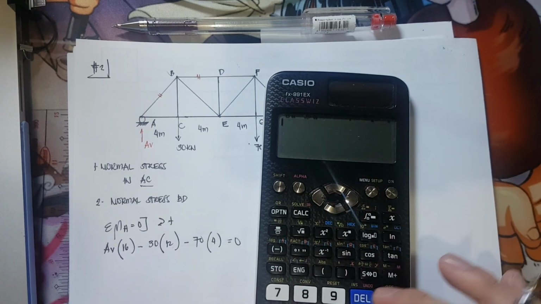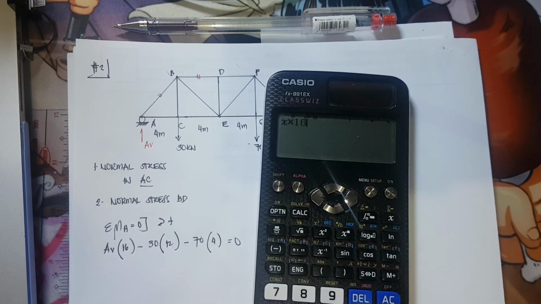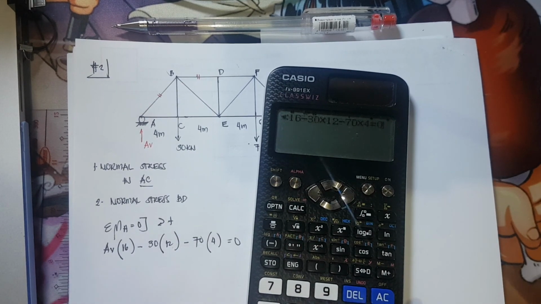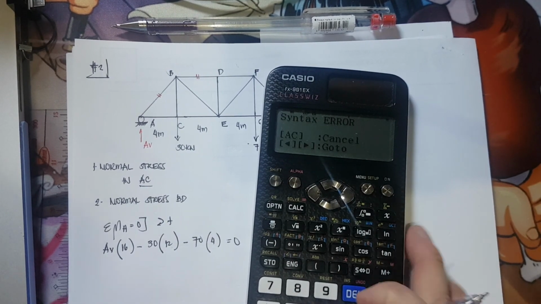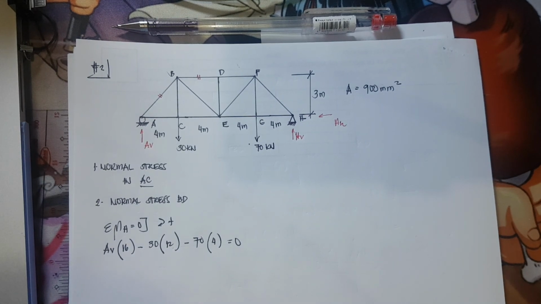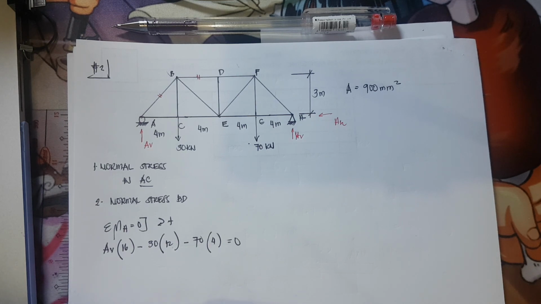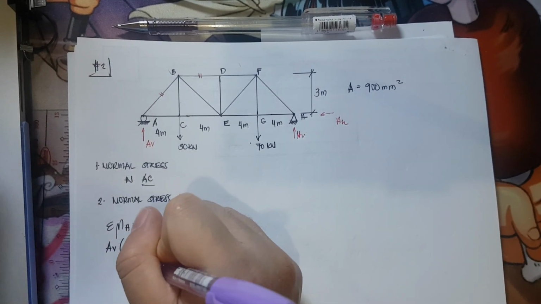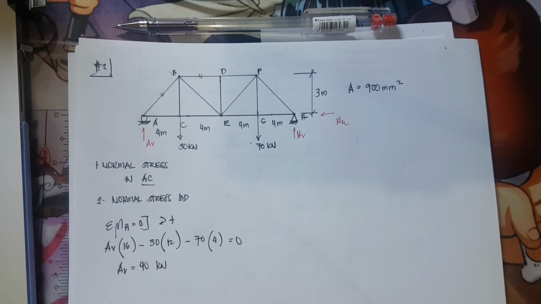So A vertical is equivalent to 40 kilonewtons.